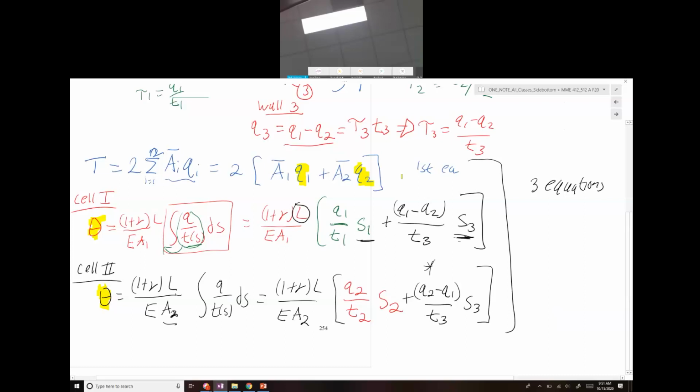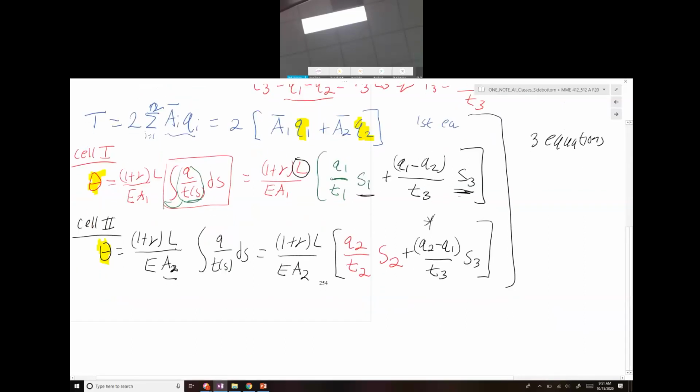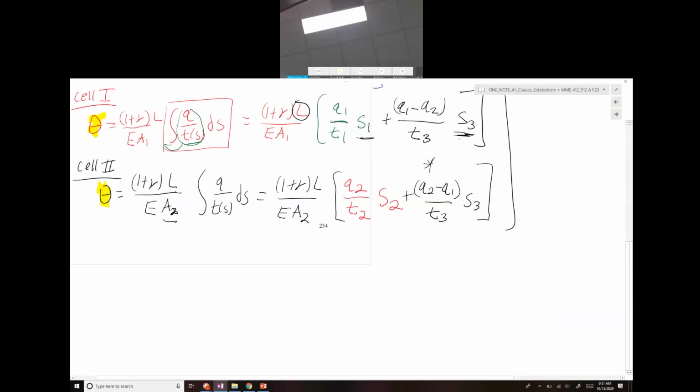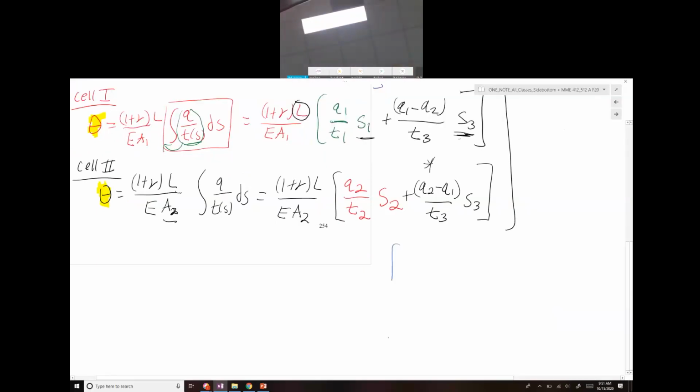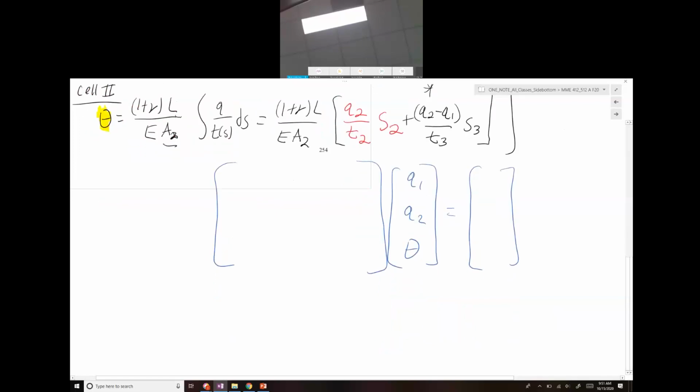So typically, everything else in the equation you know. So oftentimes you can write an equation where you'd have Q1, Q2, and theta, and then you could have a coefficient matrix here, and then you can have all your known constants over here.